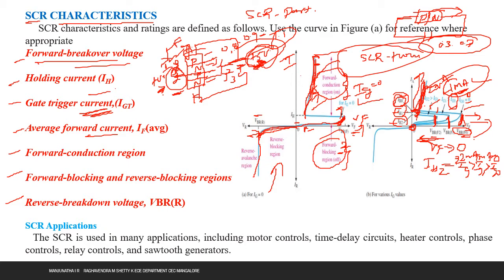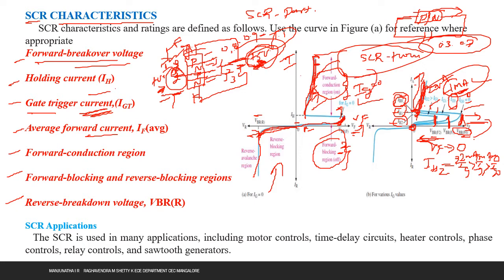Okay, so this is the explanation for gate triggering current. As simple as that, we have already done the discussion. So for a particular value of gate current, it takes the SCR from forward blocking region to forward conduction mode.